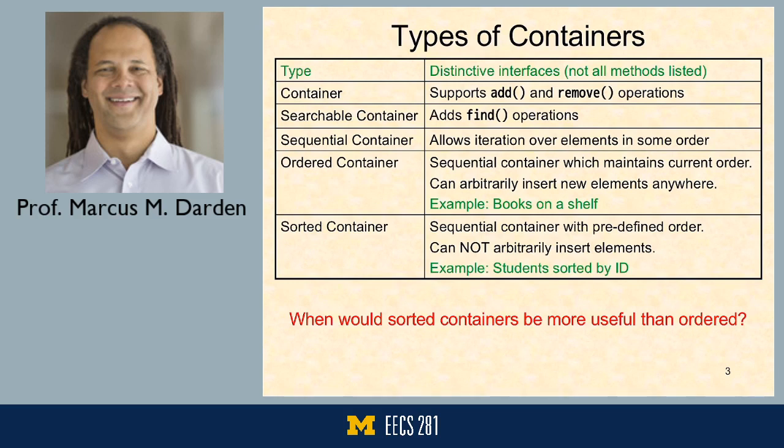Well, that doesn't work because you've probably broken some ordering, right? So a sorted container is a sequential container, an ordered container, but it also has a function that determines how things should be, right? So sorted containers are ordered containers, but ordered containers are not necessarily sorted containers.